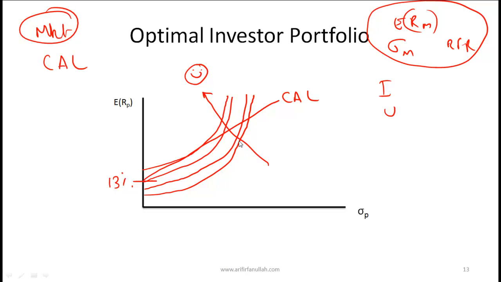So the optimal portfolio for an investor would be a portfolio where the indifference curve tangentially touches the capital allocation line. Why?